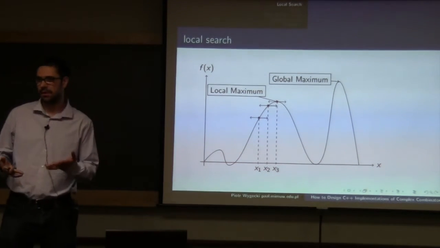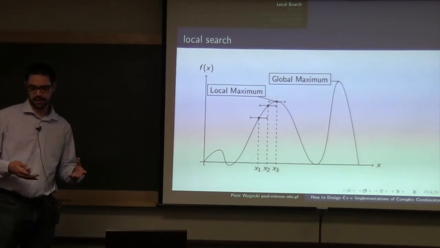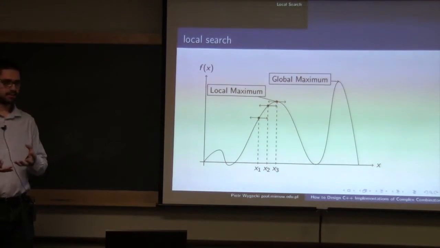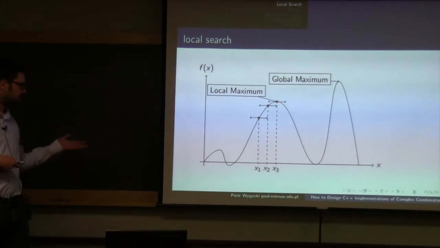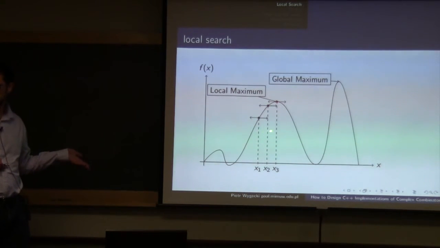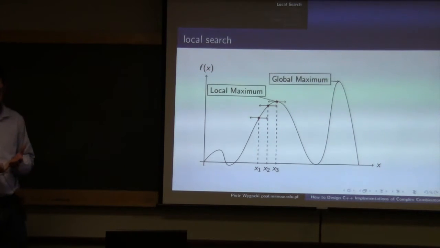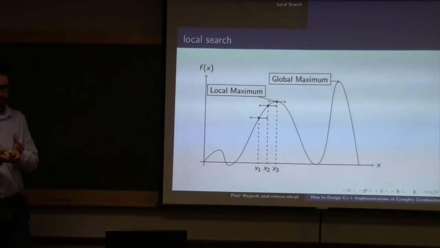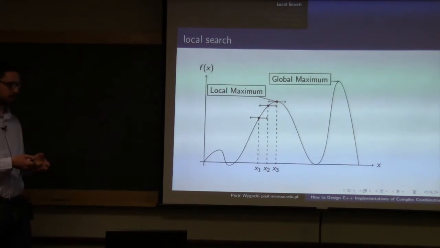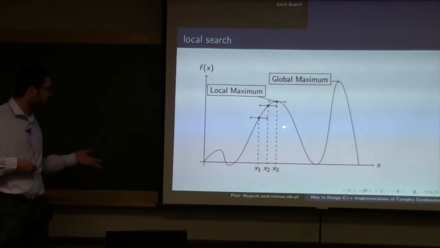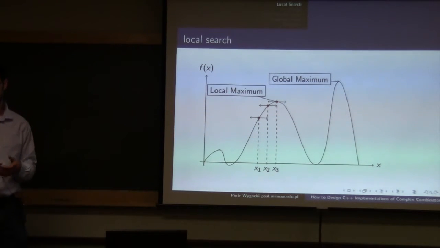I'm not going to give you a strict definition, but local search is a method of optimizing our function. This method assumes that we have an initial point, and the idea of improving this point is to explore the local neighborhood of this point, and in this neighborhood we try to find better points, and we just go on.